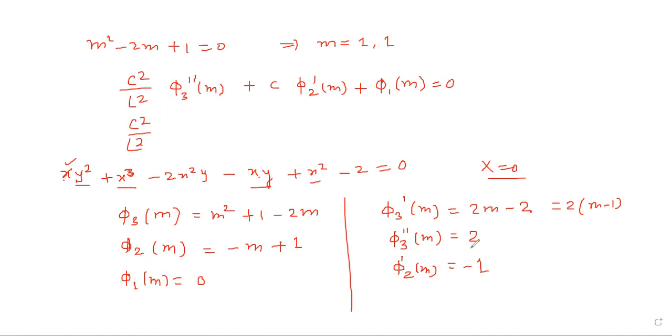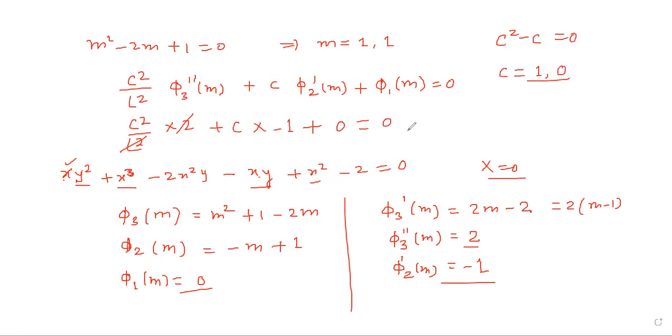So phi 3 double dash is 2, so into 2, and then plus c times phi 2 dash m. Phi 2 dash m is minus 1, so minus 1, plus phi 1 of m, which is 0, equal to 0. This 2 will cancel out because factorial 2 is 2 into 1. So c square minus c equal to 0, from where we get c equal to 1 and c equal to 0.